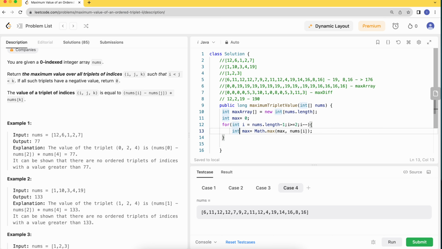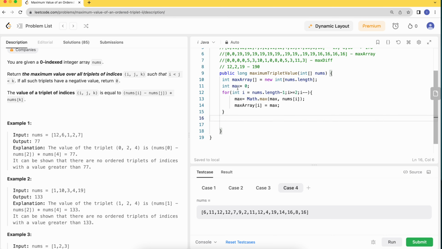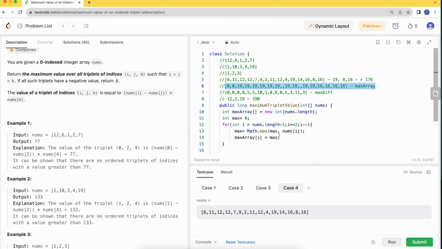Can initialize it to 0 for now, and then in my max array I can substitute the value as the corresponding maximum. So we have formed this array.